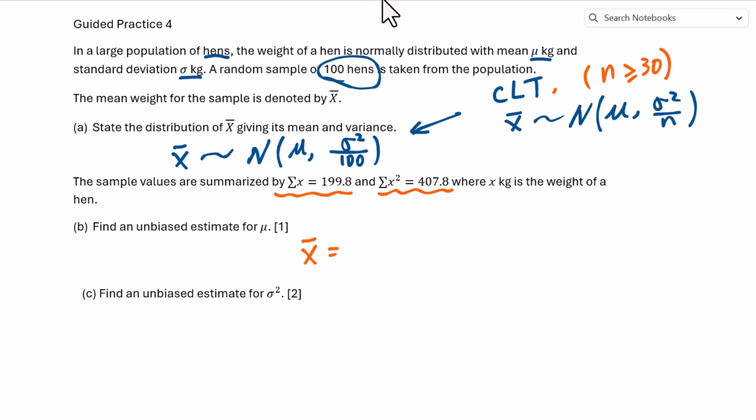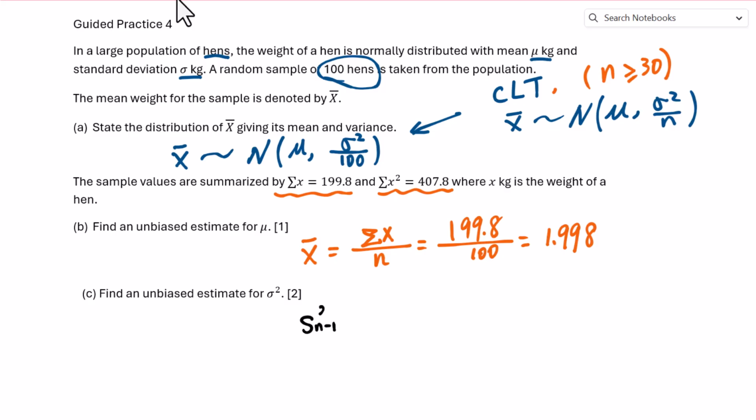x bar equals sigma x over n, which is 199.8 over 100 equals 1.998. For the unbiased estimate for sigma squared, s sub n minus 1 squared equals, we will use this formula. Denominator, both are n minus 1.